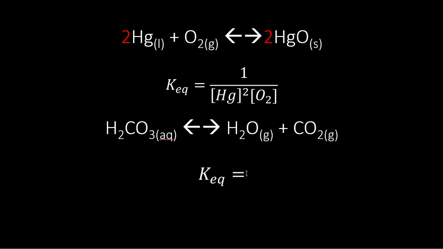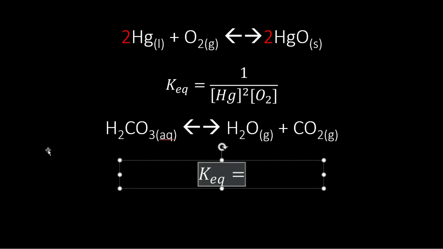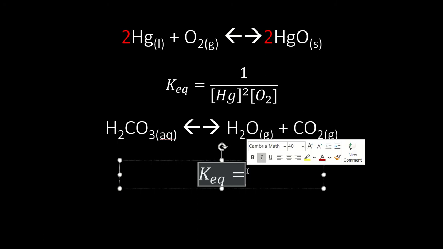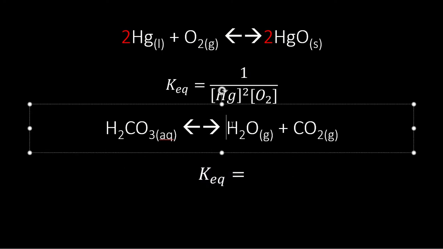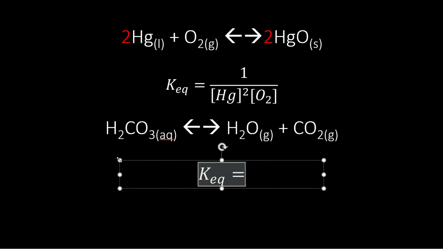Now, this is just to go a little bit different from the reaction on the previous slide. Let's say we have instead carbonic acid reacting in some kind of temperature, pressure, volume situation where we're actually forming gaseous water and gaseous carbon dioxide. Well, water is not in the liquid state.